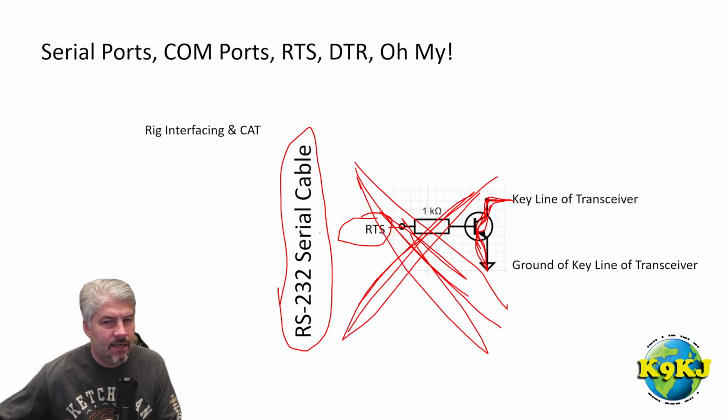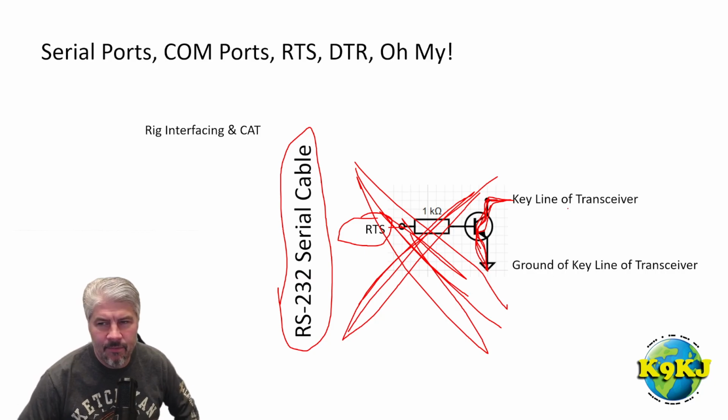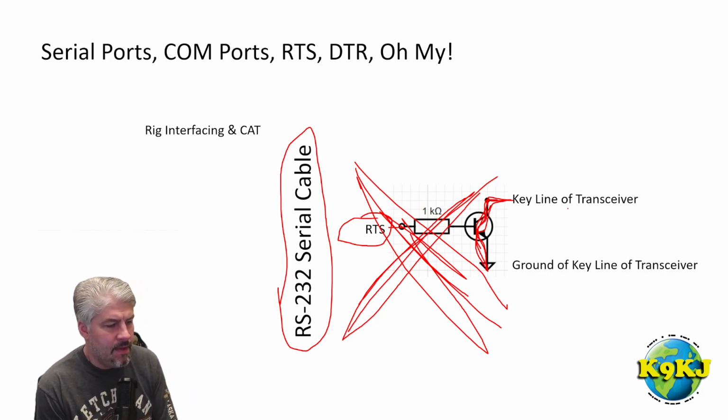I just connect pin 7 of the RS-232 cable right to the key line of the transceiver, and it's been fine. Of course, you'd have to look at how the transceiver is keyed, whether it's got positive voltage keying, negative voltage keying, or ground-based keying.